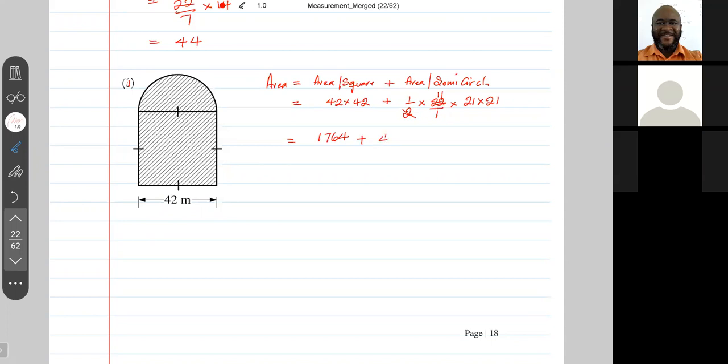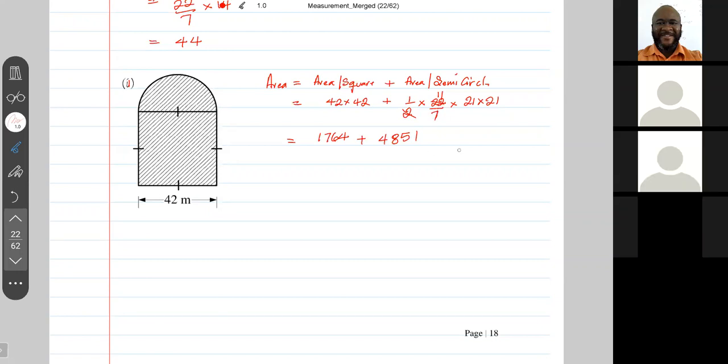This is 4,851. All right, this seems a wee bit high. Let's go 42 times 42 again. 42 times 42, good. And 11 now. 11 is the pi, times, oh, divided by 7. I didn't put the 7 under the 22. Okay, I got it.